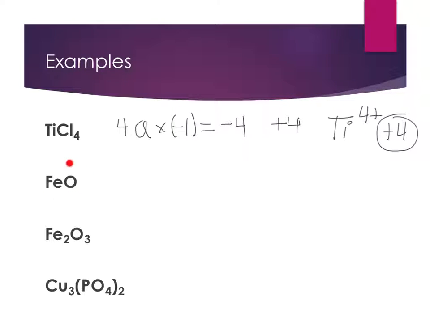Here's my next ionic compound, iron oxide. So let's look at this one here. Here's my iron. That is my transition element, and it is bonded to oxygen. So we know that the oxygen is always going to be -2, and there's only one of them. So we have one oxygen times -2 equals -2.